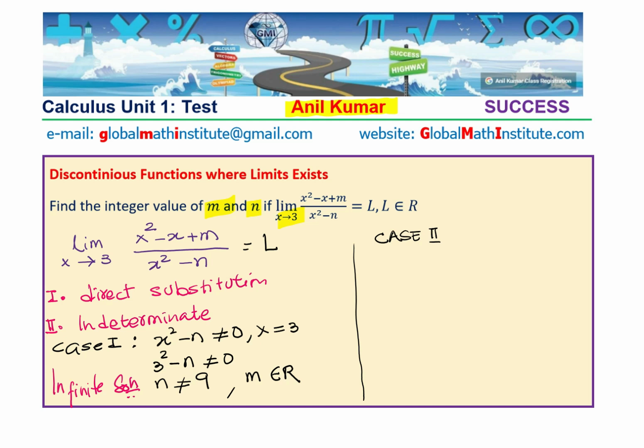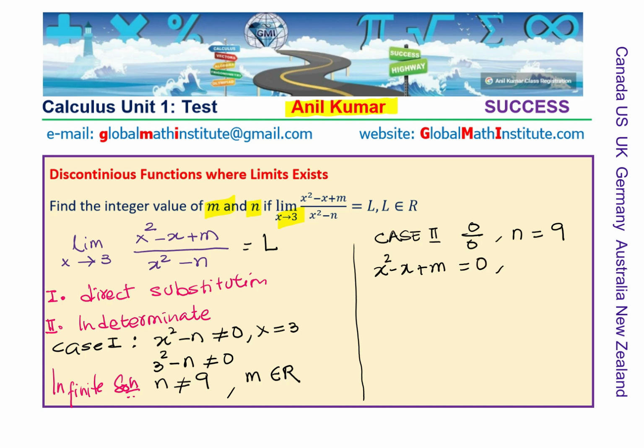You see the key. Case 2 is, of course, you go for indeterminates of the form 0 by 0. Right? So when I say 0 by 0, in that case, n should be equal to 9, right? So first case was when n is not 9. So if n is 9, in that case, what is the value of m, right? Now, m value means x square minus x plus m should be equal to 0 for x equals 3.